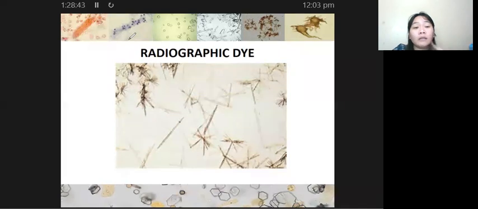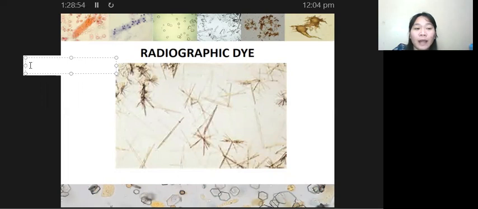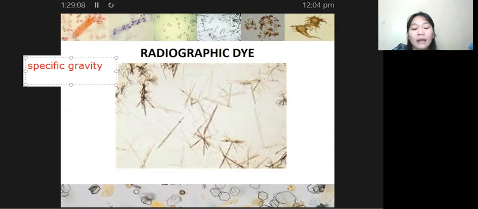So how are we going to differentiate it from your cholesterol crystals? To differentiate them, ang pinakasimple is to look for the specific gravity. Tingnan mo yung specific gravity ng sample mo kasi pag radiographic dye yan, usually very high ang kanyang specific gravity, greater than 1.040.